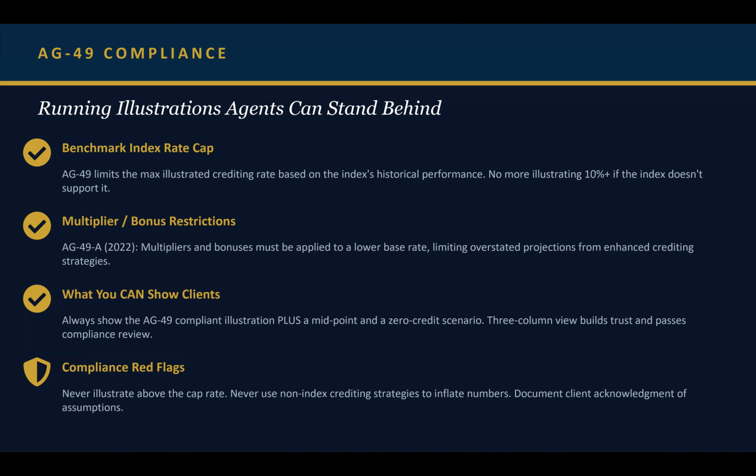Multipliers and bonuses. That was the big reason why AG49 came about. So PacLife, you saw the Kyle Busch story, and I'm not here to talk about Kyle Busch, but the reason why Kyle Busch was suing, same reason why other people have sued in the past, is PacLife had a product called the PDX, and that product actually had built-in multipliers, which had an asset fee.